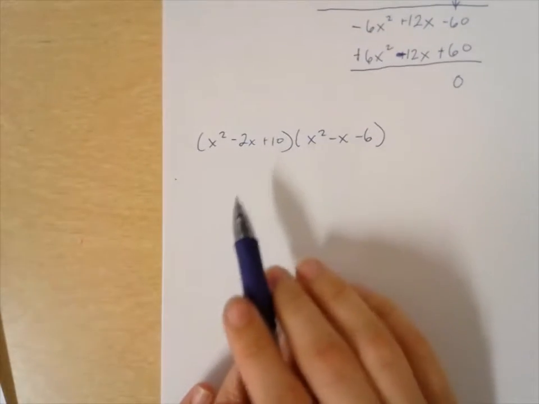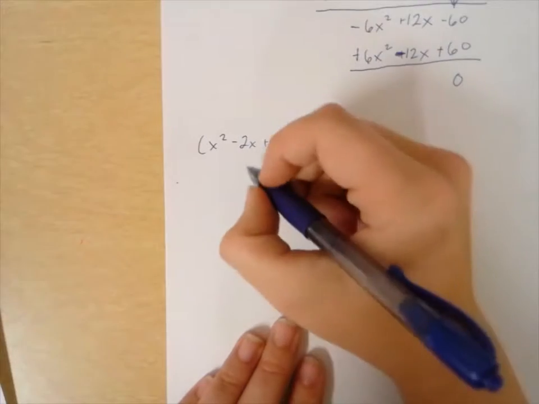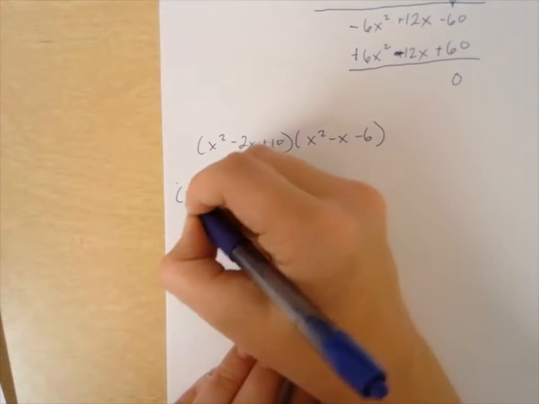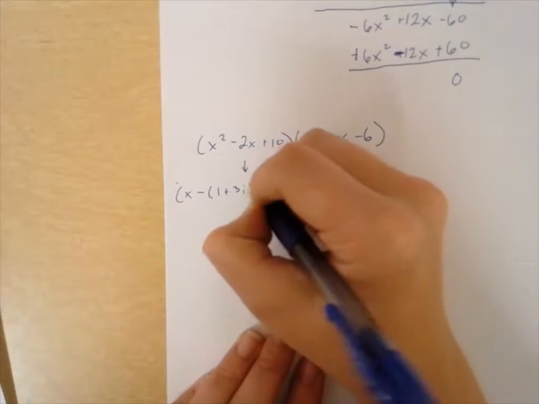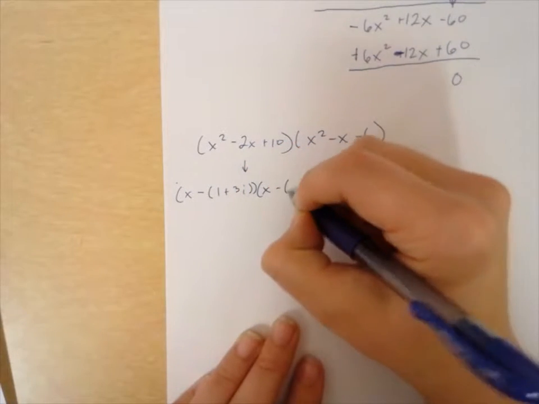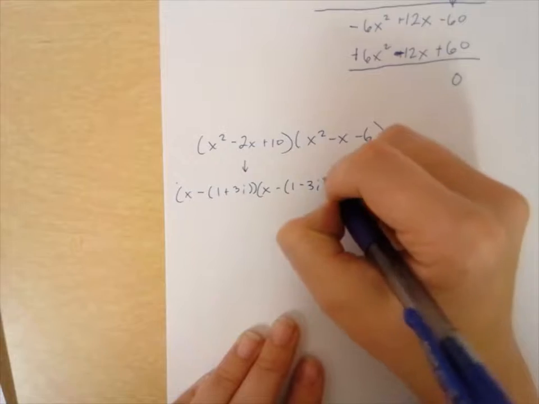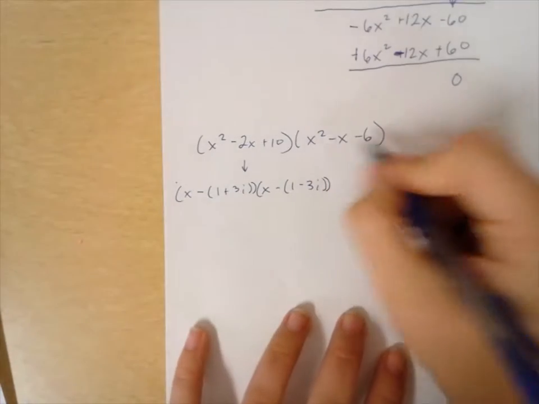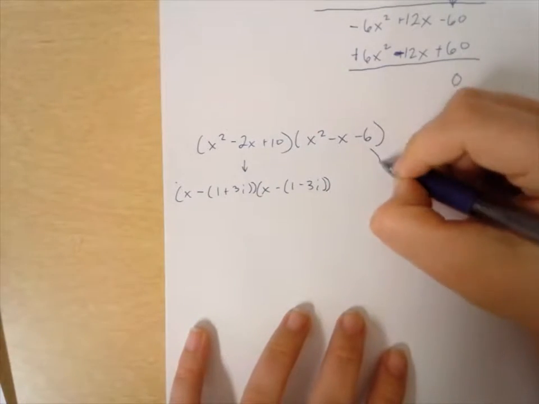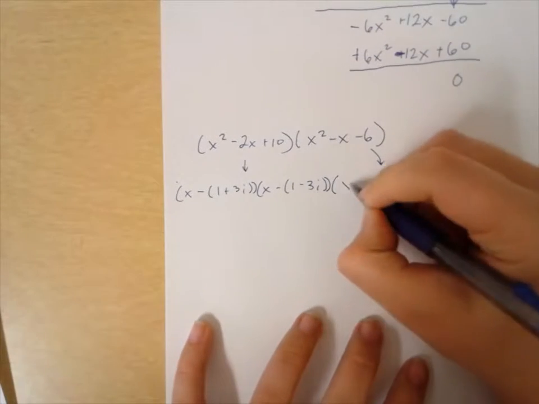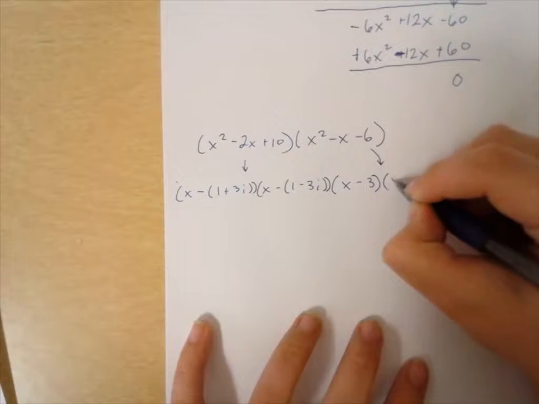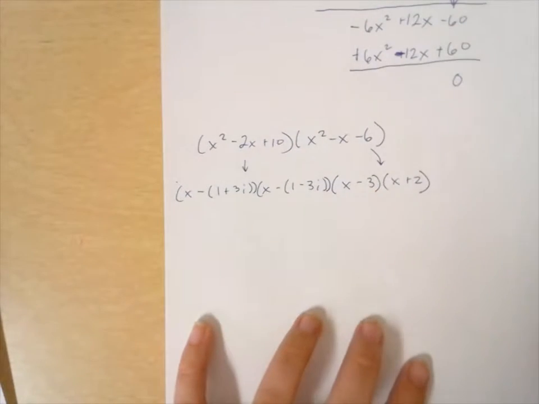I know that this can be factored already as x minus 1 plus 3i and x minus 1 minus 3i. And this polynomial I know I can factor as x minus 3, x plus 2.